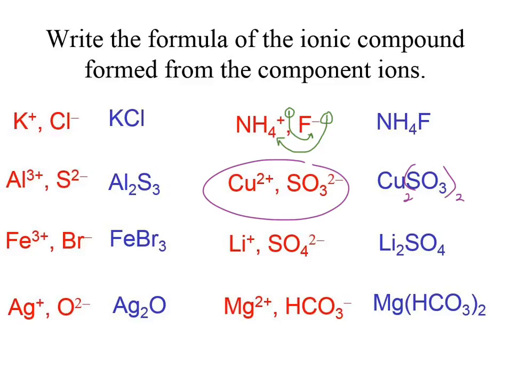But actually you can reduce it to simply CuSO3. Any questions about those other ones? And this last one is an example where you crisscrossed and you need 2 of these HCO3 groups, so you have to put HCO3 in parentheses and the 2 outside.